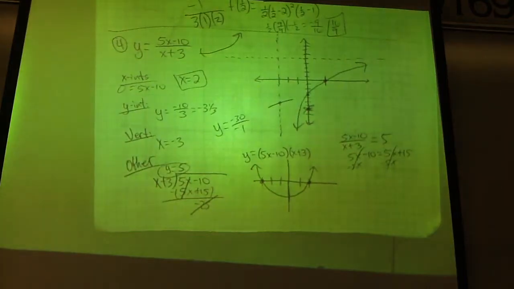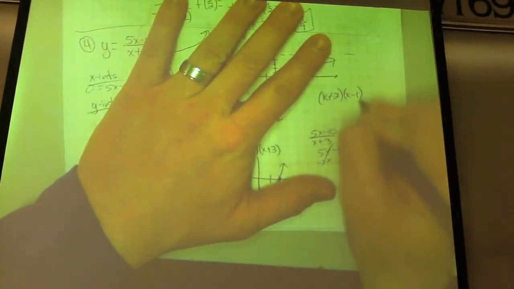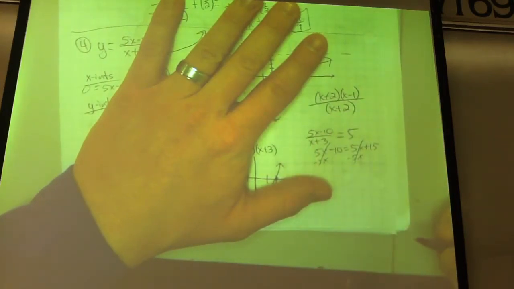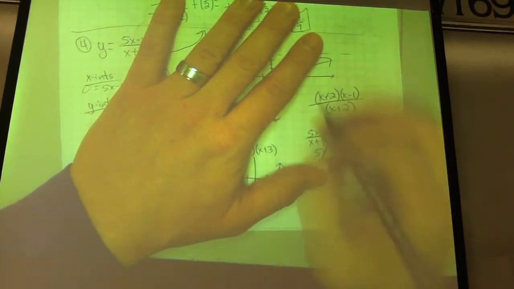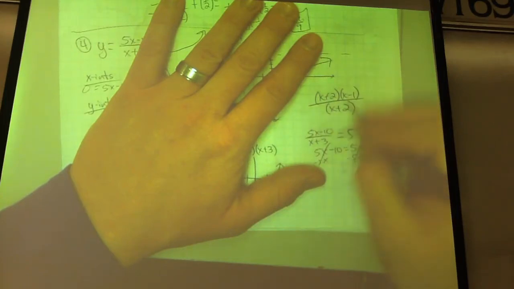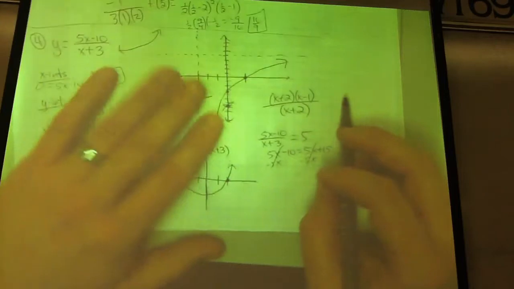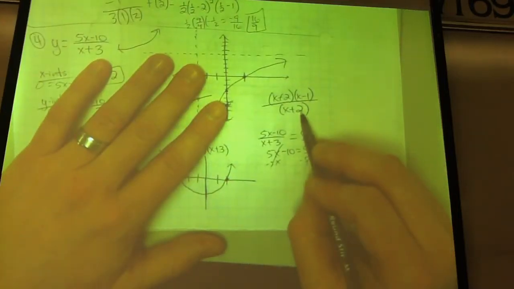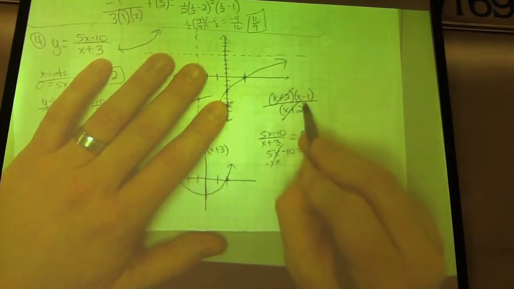Because it happens if you get something like x plus 2 times x plus 1 over x plus 2. It's called a removable discontinuity, it's calculus, that part. Just a quick explanation. If you plug negative 2 into this, you get no solution. But if you plug negative 2 into that, you get negative 3.